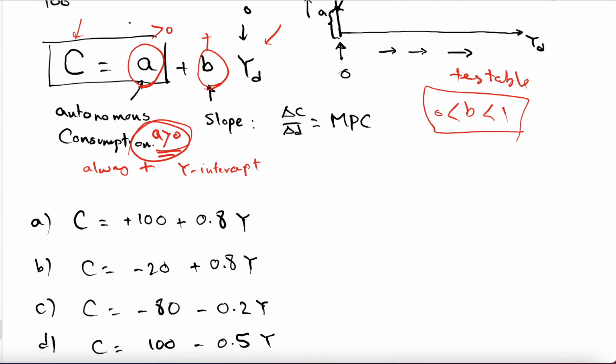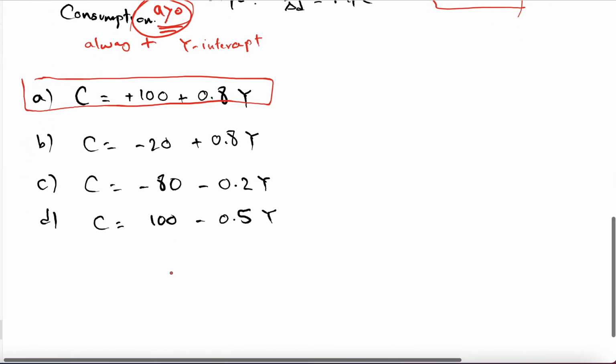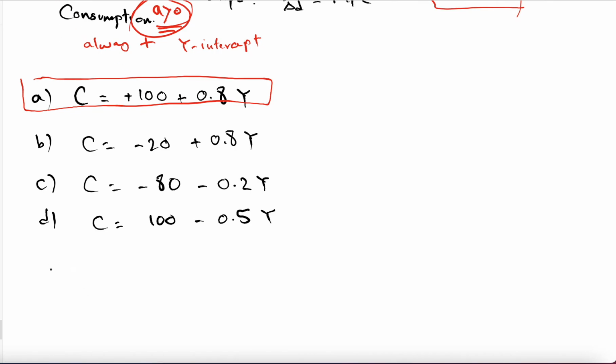I could actually write another one, E: C equals 100 plus 1.2 Y. Which one of these is representing the consumption function? The only candidate could be the first one, because the y-intercept, or the autonomous consumption, should be positive.